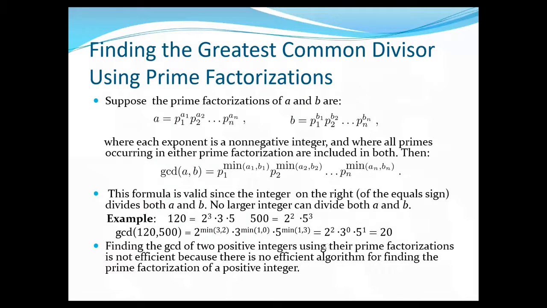After getting the prime factors with minimum exponents, multiply them, and the product is the greatest common divisor, which is 20. So we have 2 squared times 5, which is 20. This is the GCD of 120 and 500.